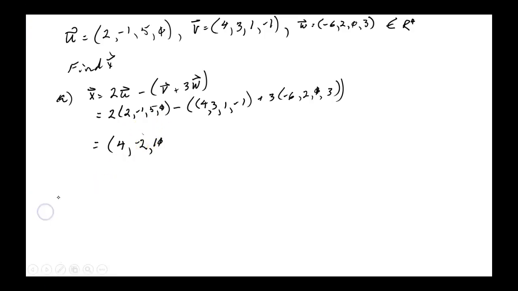Let me make sure I'm right. Yeah, that's right. Again, let's not mess with this until we multiply. So we're just going to write it down: 4, 3, 1, -1.